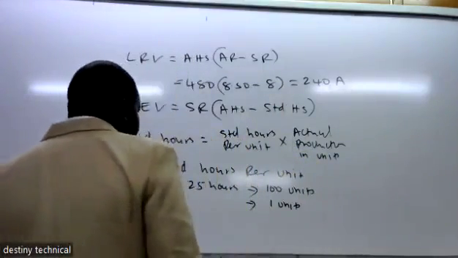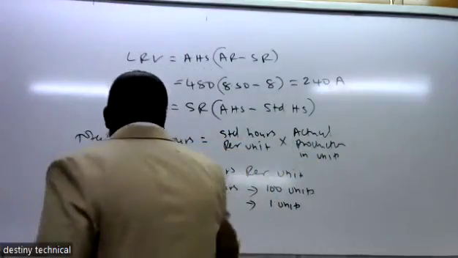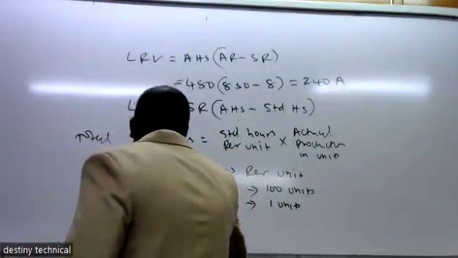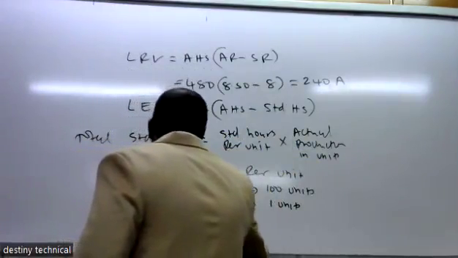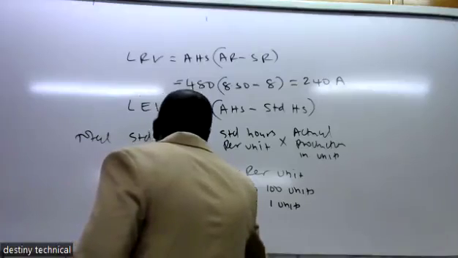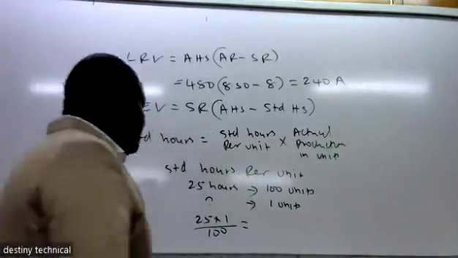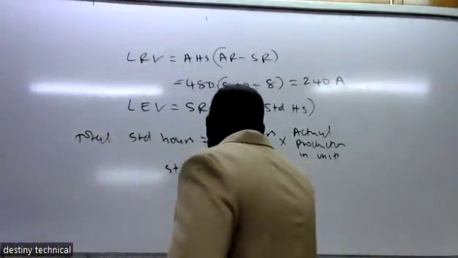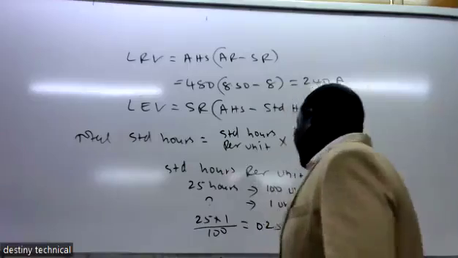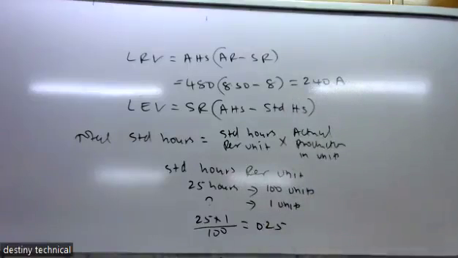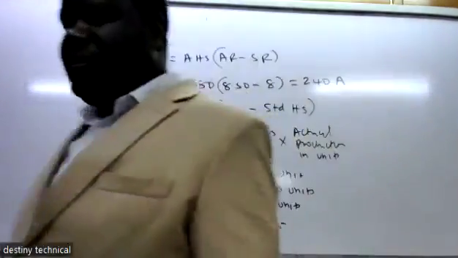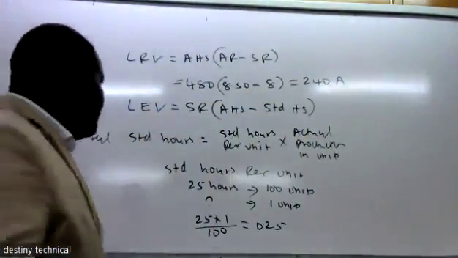So we cross multiply. That will be 25 multiplied by 1 divided by 100. So the standard hours per unit is 0.25. From there, we now get the total standard hours.